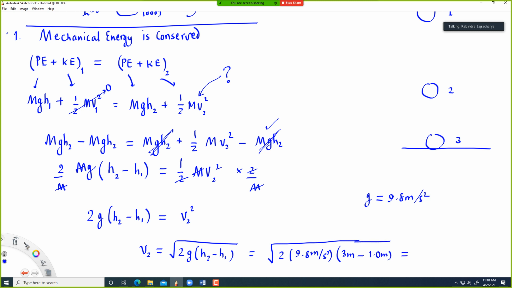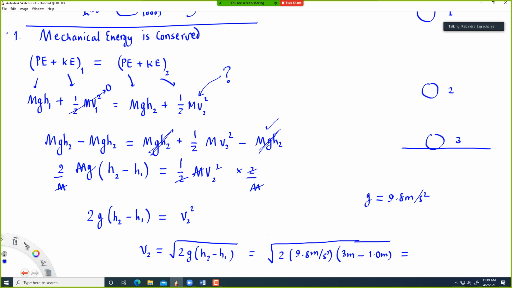So that will give you the speed as it falls to 1 meter above the ground. You can do that calculation. I will let you guys do that calculation.